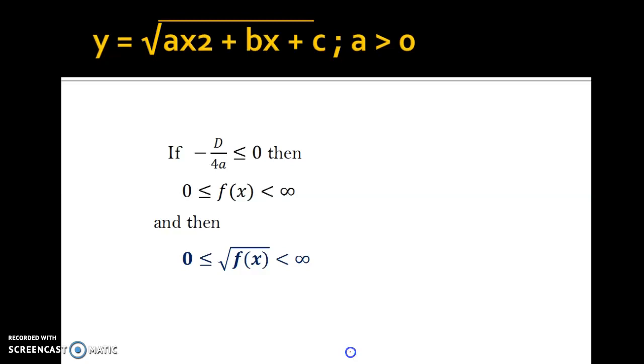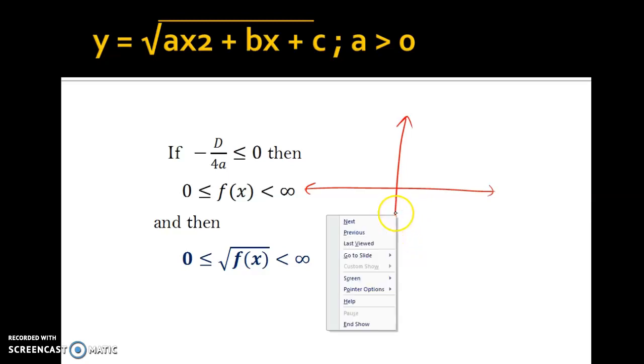If minus D by 4a is less than or equal to 0, then what happens? The point minus D by 4a is somewhere here.